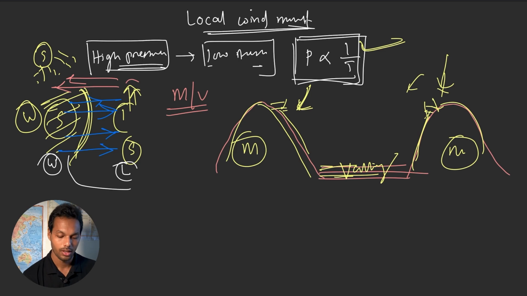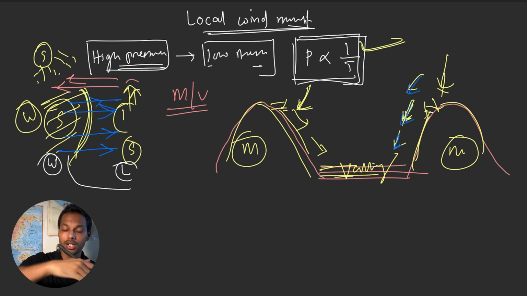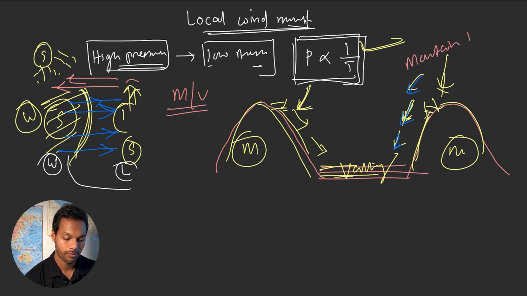So initially, in the early morning, there will be wind movement from mountain towards valley. As it is moving from mountain towards valley, it is known as mountain breeze.